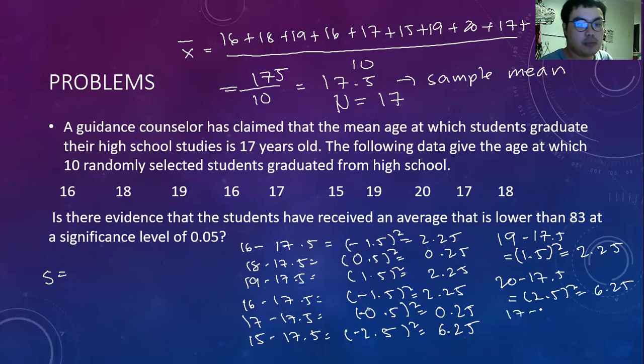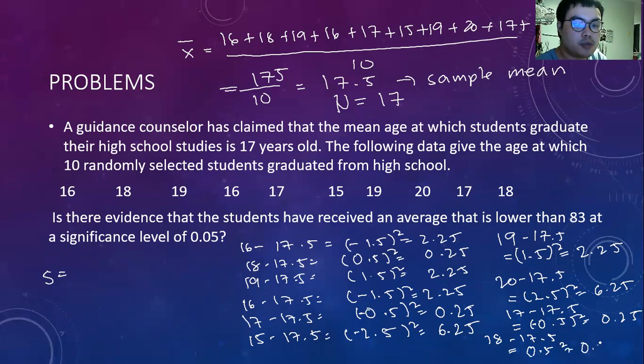Then 17 minus 17.5, it will become negative 0.5 squared. It will become 0.25. So this process might be painful, but it will surely make you practice on how to find the standard deviation. Then 18 minus 17.5, it will become 0.5, then squared, it will become 0.25.